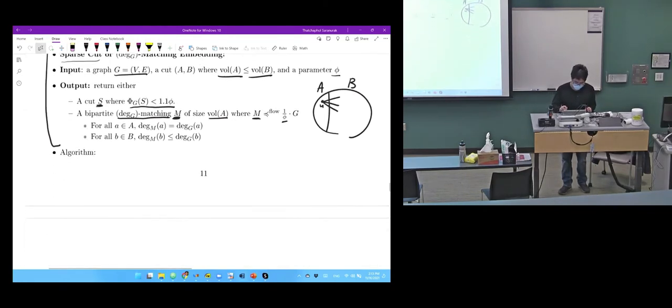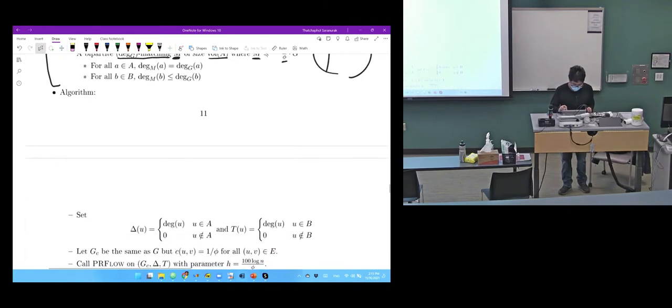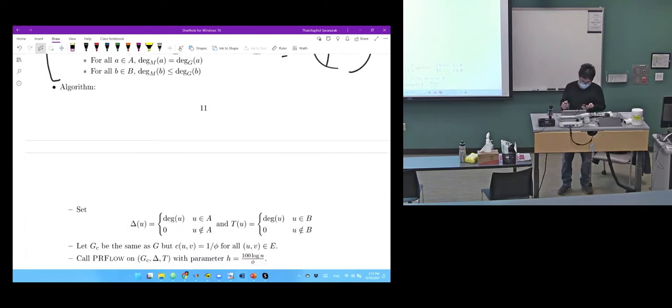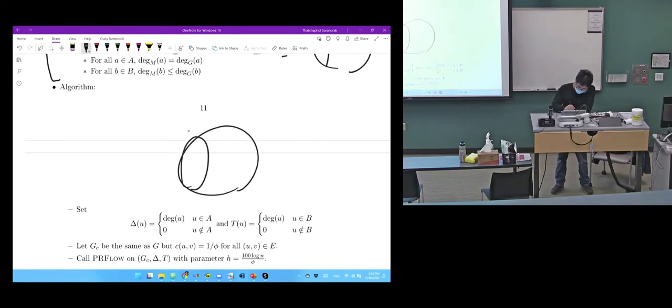So now the algorithm is here. It's quite natural what to do. We have A and B, and we want to send flow from A to B, right? So what we do is the source function is just that, and each of these guys basically wants to send degree of u units of flow from each node u.